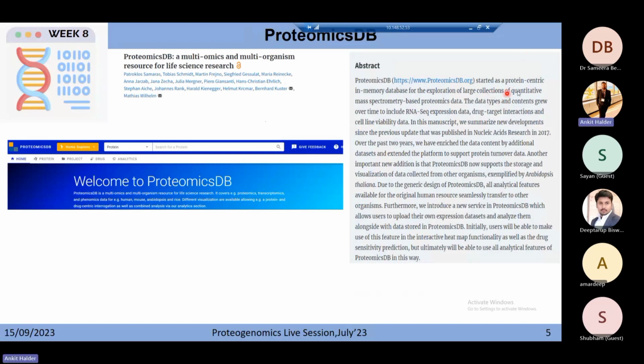It started as a protein-centric database for the exploration of a large collection of quantitative mass spectrometry based proteomics datasets. From the start of week one till today, we have discussed a large number of resources.